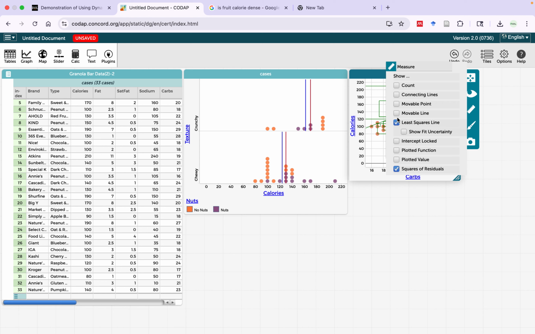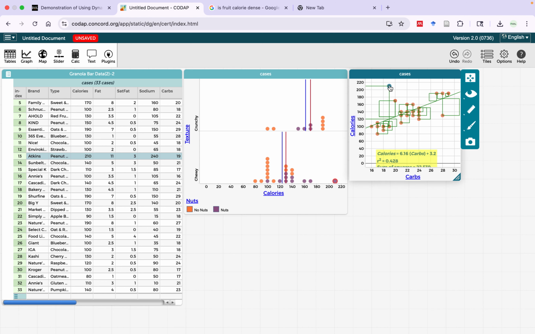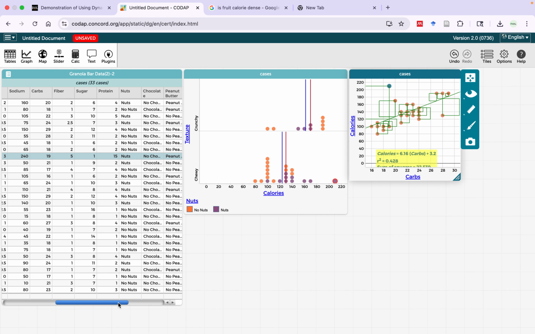Connecting lines, movable point, movable line, squares, subplot, whatever. Okay. What do I notice? We have a really big outlier out here with Atkins. They probably have a lot of nuts. Let's see if they have nuts. Yep.